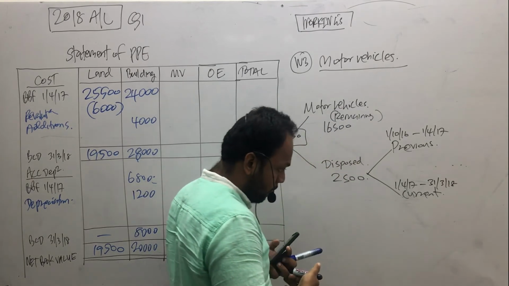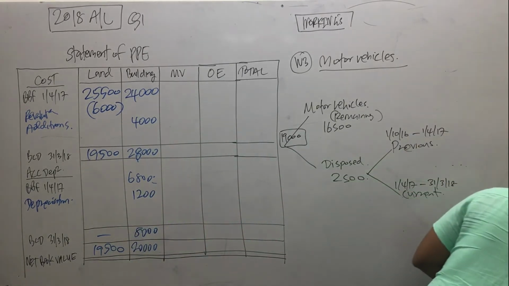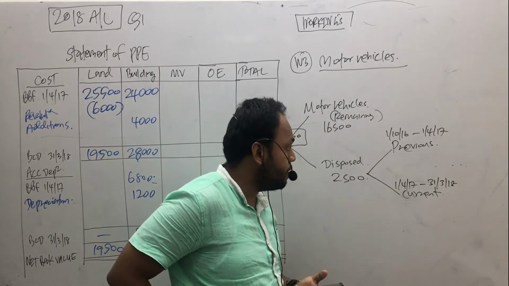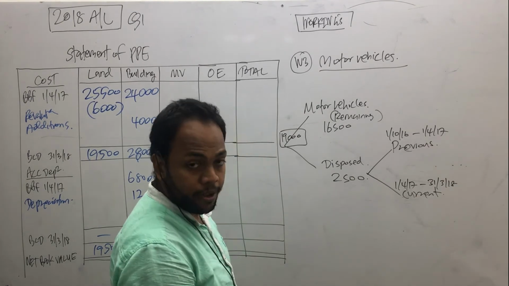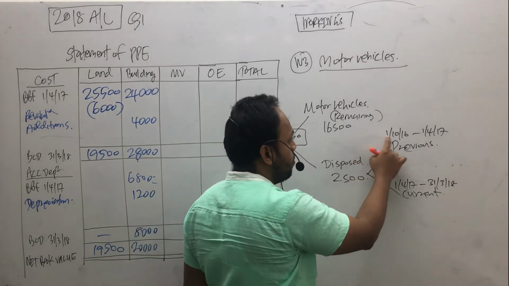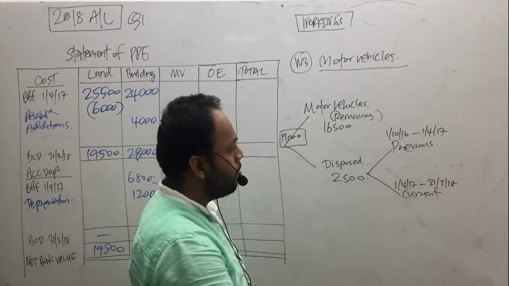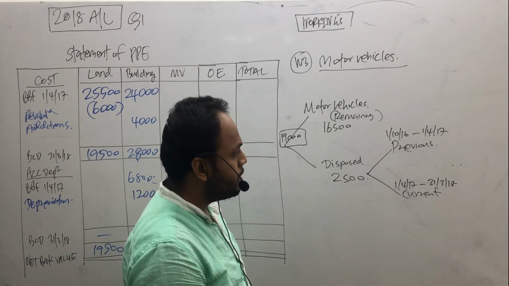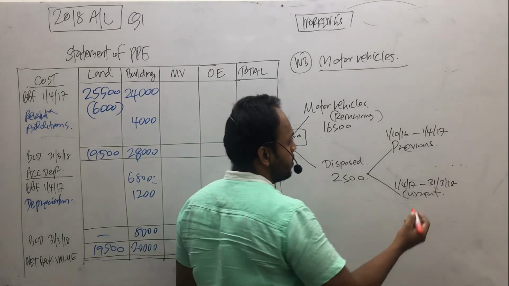So you need to know the time period. How many years and months have we used this motor vehicle? So 1st of October 16 to 1st of April 17 means October, November, December, Jan, Feb, March. Then 6 months.